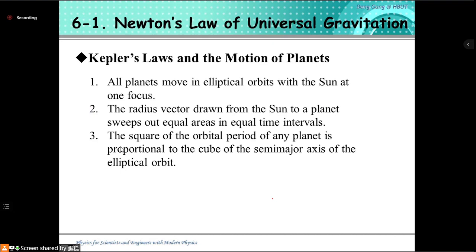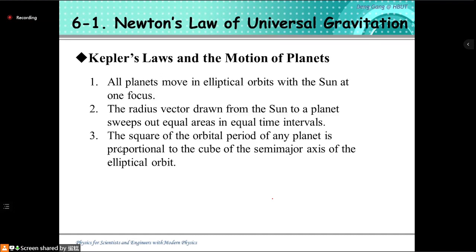Before Newton, Kepler generalized several laws about the motion of planets. At that time, Kepler had a lot of data from another very famous experimental scientist, and Kepler is good at calculation.